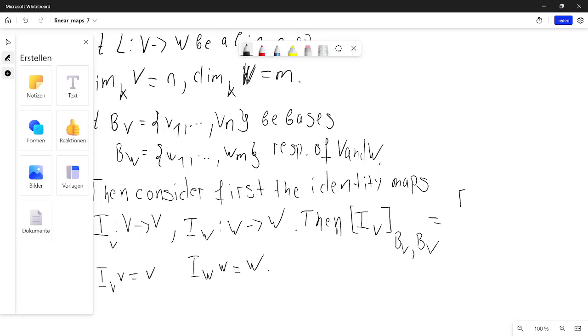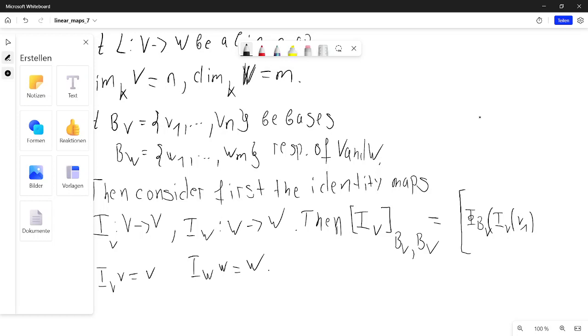You remember that you just have to take the coordinates map in that very basis. Because we start with this basis, we have to have here the coordinates of the basis B_V.